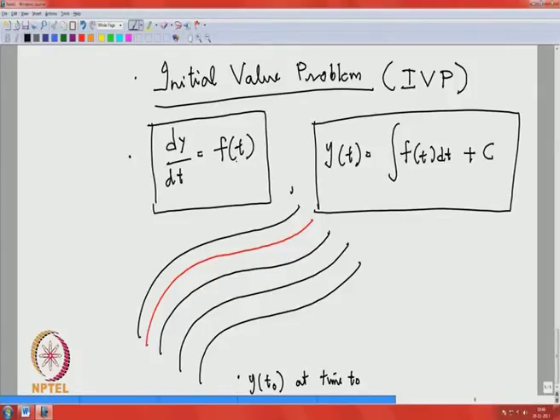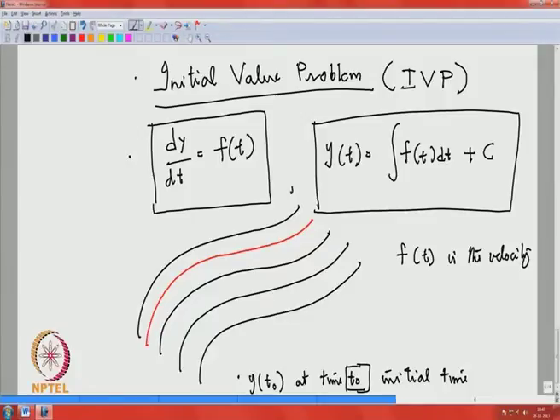So, you are given a position at what we call the initial time, this time t naught is called the initial time, and f of t is the velocity at all times. That is a standard physical problem: if you know the initial position and the velocity at all times, your job is to determine the trajectory.